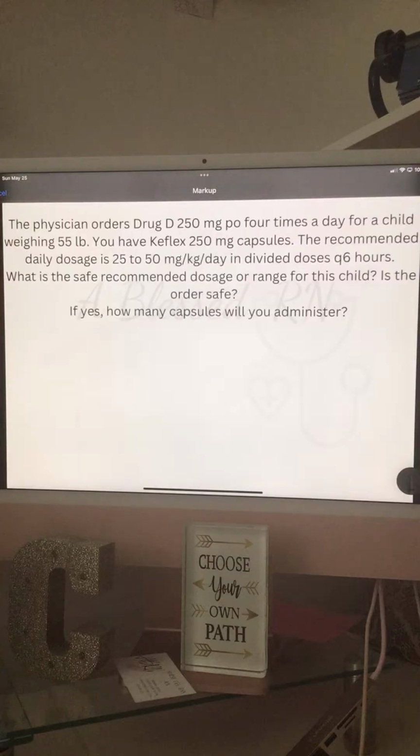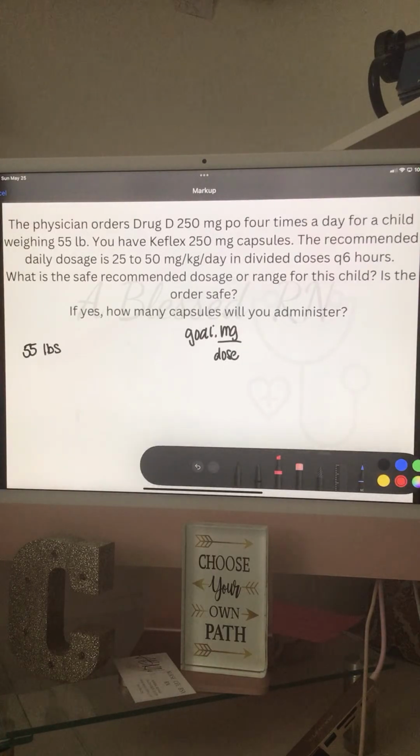So I'm going to be looking for milligrams per dose because it asks, is my order safe, right? I've got my patient's weight is 55 pounds. Let me pull out my colors. Boom.